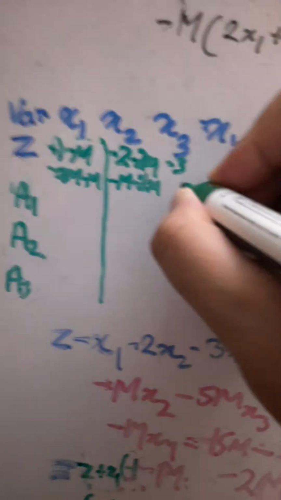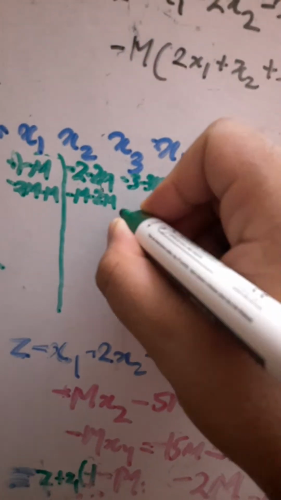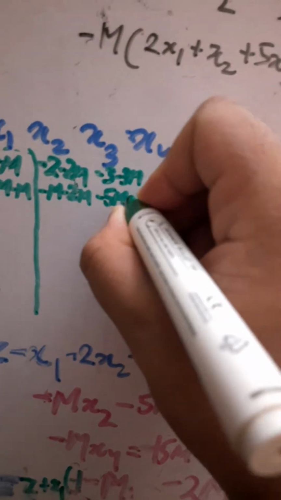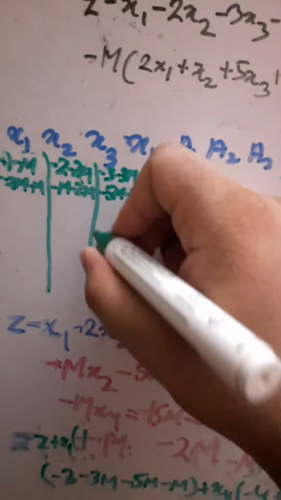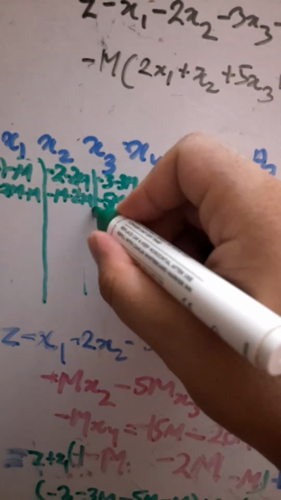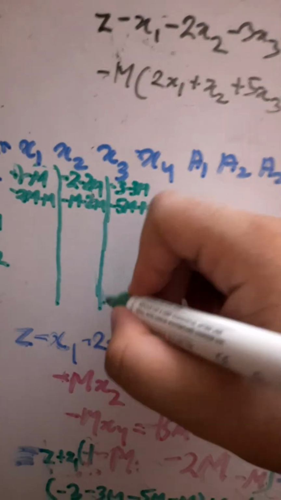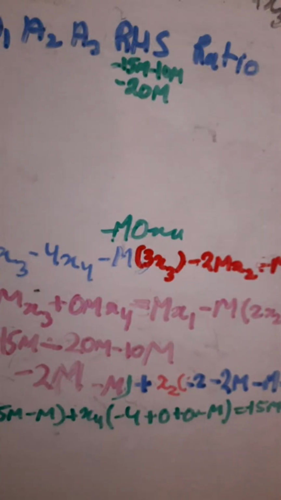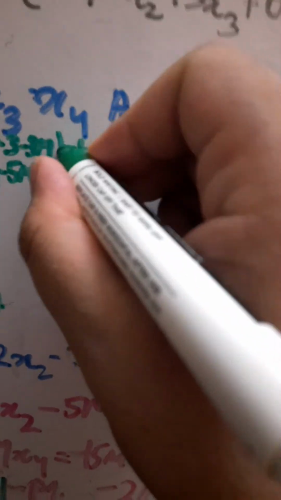And we draw a line here. Wait a second, it's a curve more than a line. Forget it. For x4 we have minus 4 minus 0. Let's write minus 4 minus m. Simple.